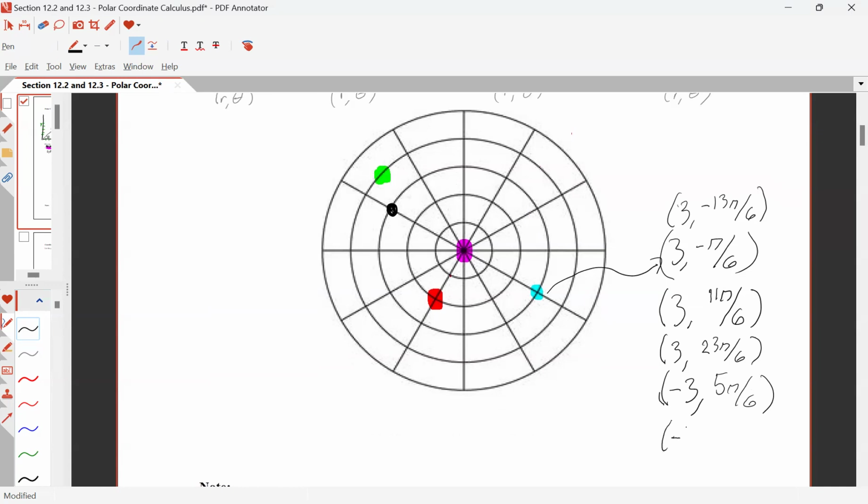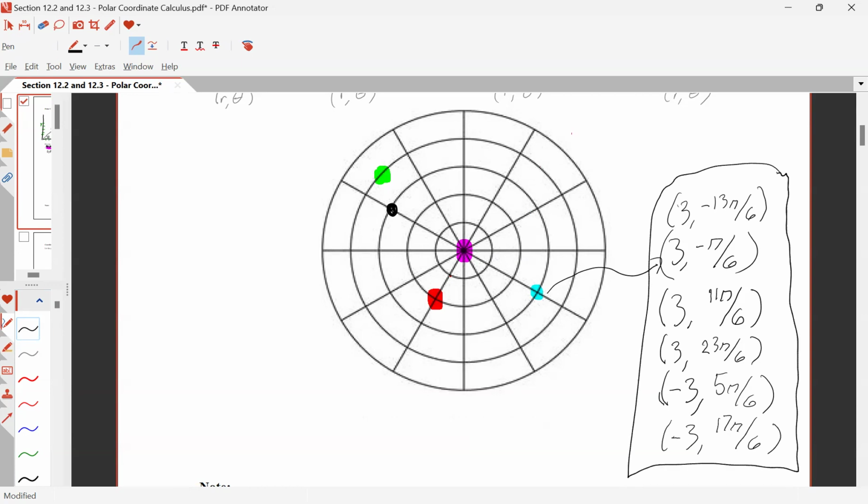Or the point negative 3 comma 17 pi over 6. All of these refer to the exact same point, because the point r theta is going to be equal to the point r comma theta plus 2 pi. So any multiple of 2 pi, those are going to be the same.